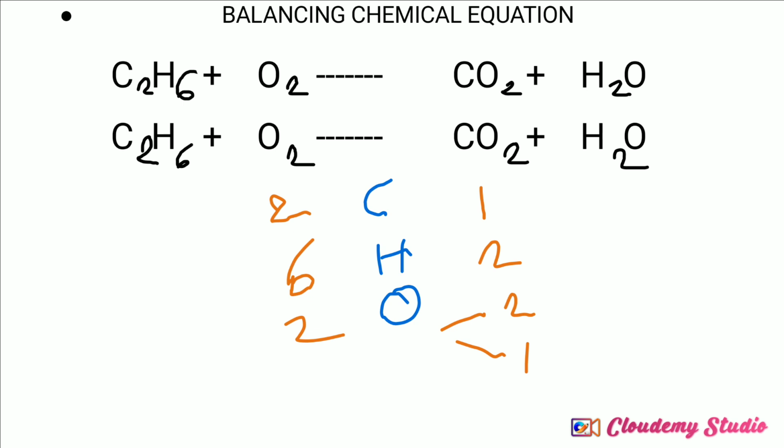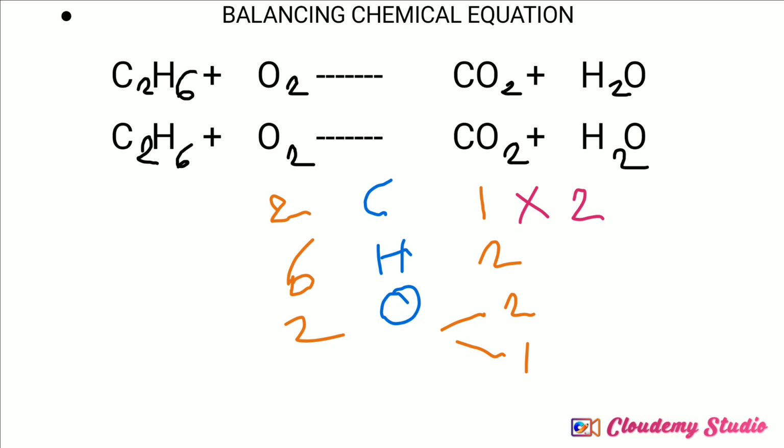Now carbon at the left hand side 2 times, but the right hand side only 1 time. Therefore, what we can do is multiply this 1 into 2. This 2 has to be written as a coefficient of carbon. Carbon is present in carbon dioxide.